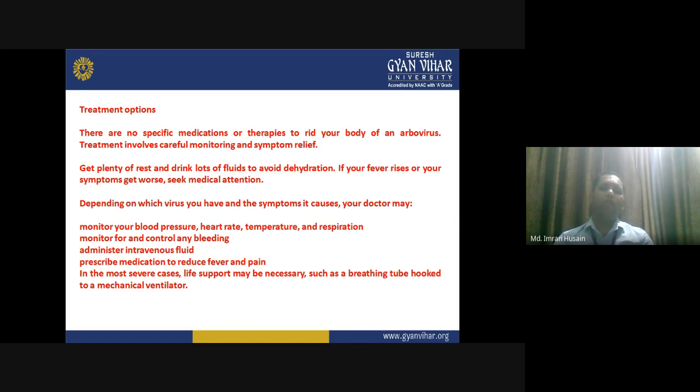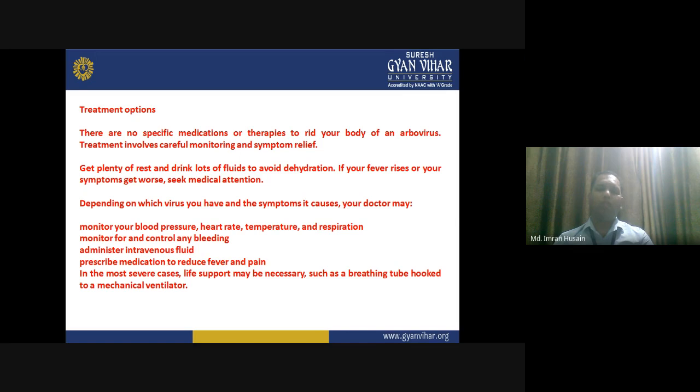Get plenty of rest and drink lots of fluid to avoid dehydration in this whole scenario. So most of the time you should always drink a lot of water. Keep yourself hydrated, and take plenty of rest. If your fever rises or your symptoms get worse, seek medical attention.